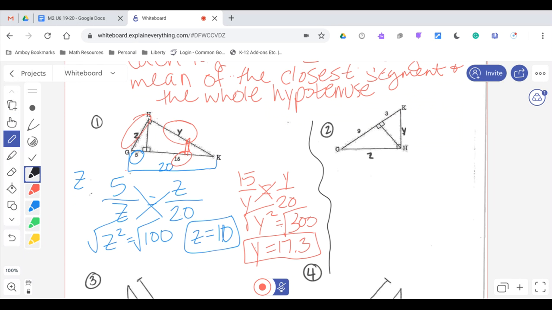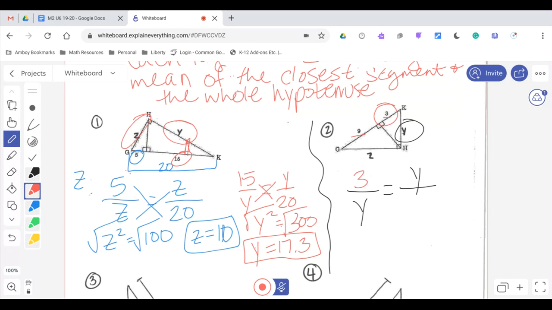Let's try it again with number 2. But you know what? Number 2, we will just solve for y. Again, that leg piece is the one that's going to be used twice, just like the altitude was used twice in our last notes. So for y, I need the segment closest to it. My two segments are 9 and 3, but the one closest to it, or next to it, is 3.